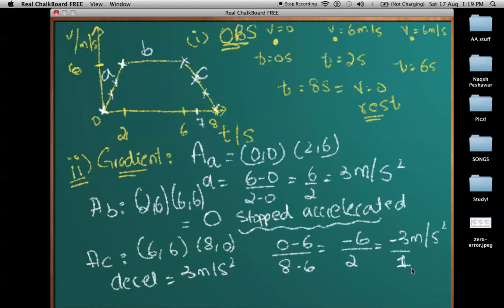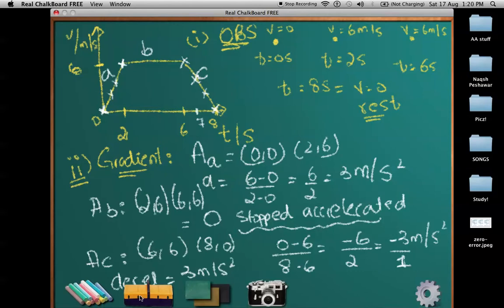For 1 unit increase in x, there is a decrease of 3 in y. So it's coming down, and in the next second this would be 3 here, and the next second it would be 0. So we know that this is decelerating here. It is changing its velocity from a greater velocity to a lesser velocity. So it's simply decelerating. Now this is done, but we still have a third part.